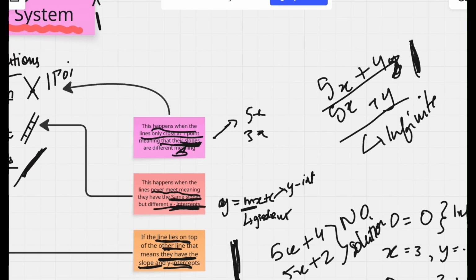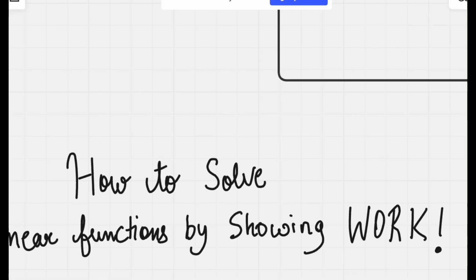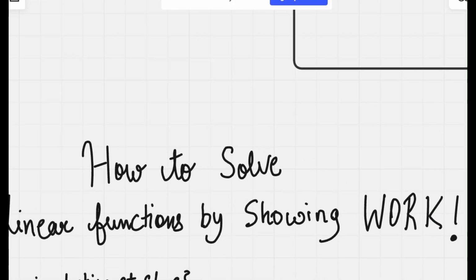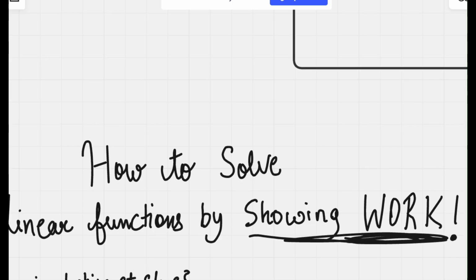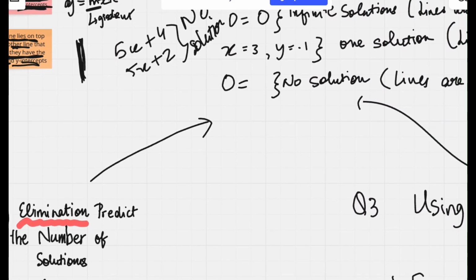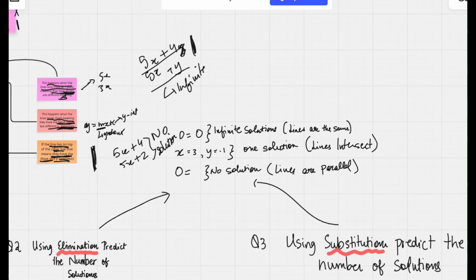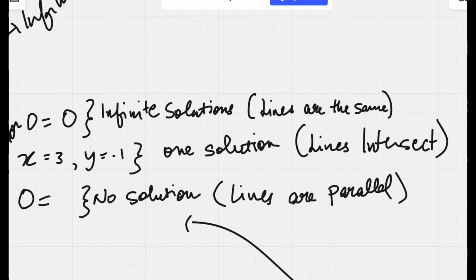And let's just say that our teacher is really strict about needing to see work, right? And how would you show the work? This is where the previous lessons come in, as we're going to be showing work using elimination and substitution. And you might ask how does this help us?